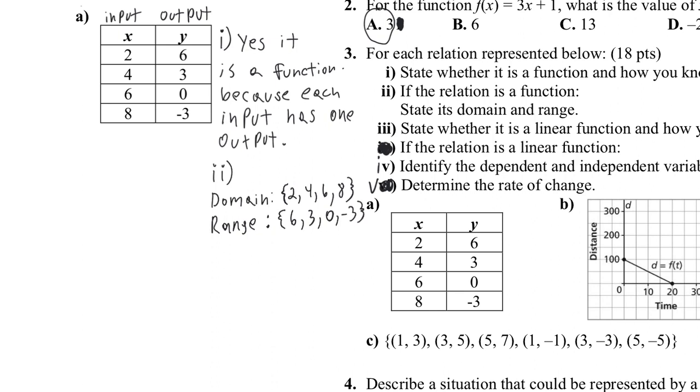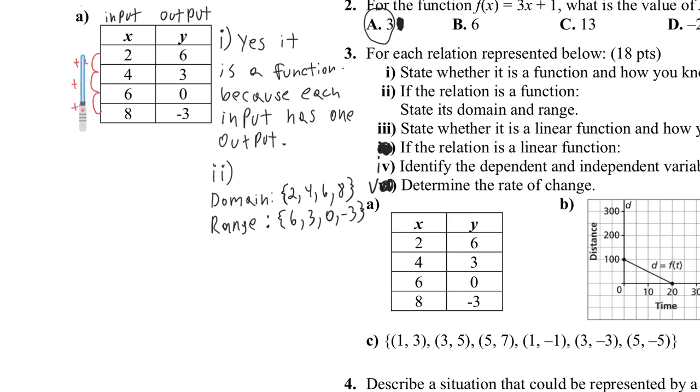Now, number 3, state whether or not this is a linear function. In order for this to be a linear function, we have to have a constant rate of change in both our x value and our y value. If I look at my x value, every time I move from one value to the next, I'm going up by 2, plus 2, plus 2.